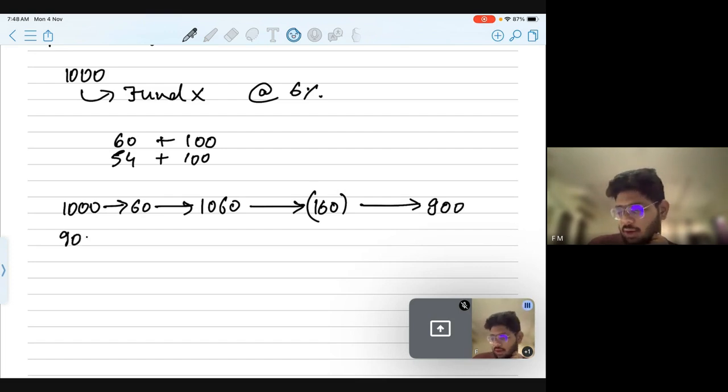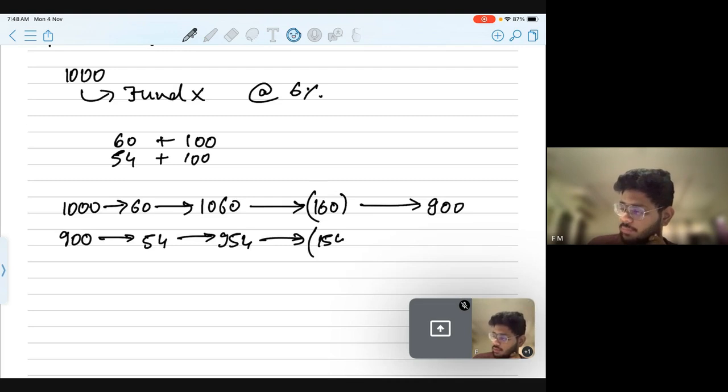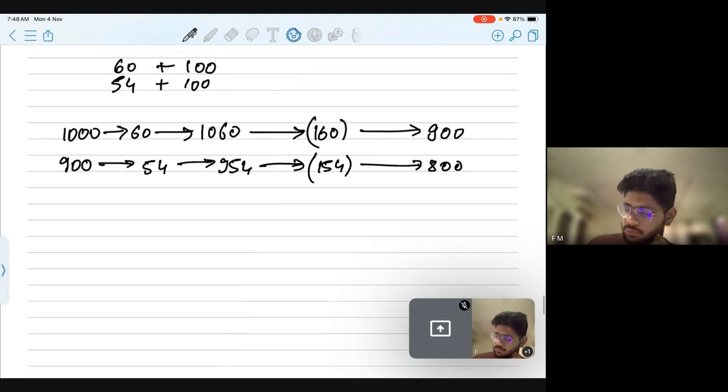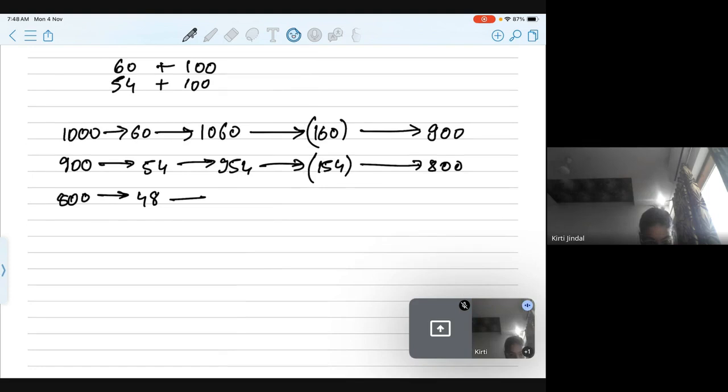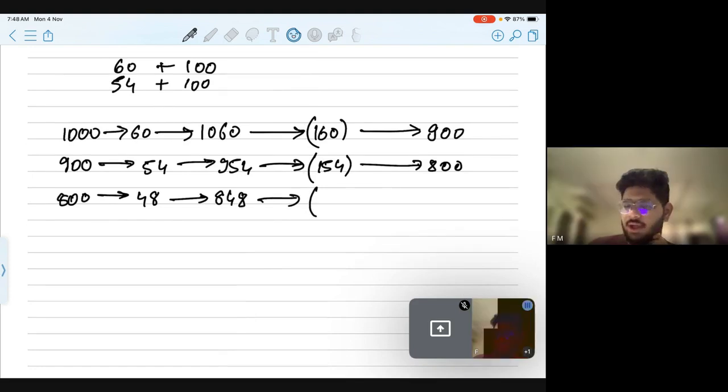Now this 900, you add interest, becomes 954. You withdraw interest plus 100, which leaves you with 800. Now do you see what is happening? Yes. Make a schedule, na? If you find it confusing, just make a schedule. It's easy enough like that.